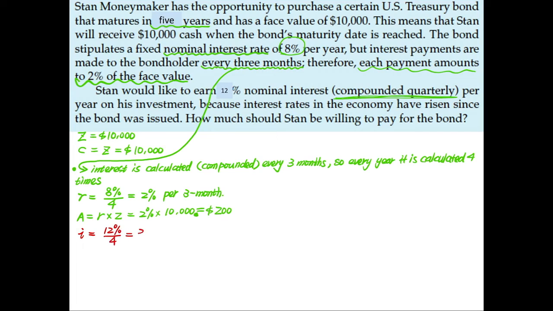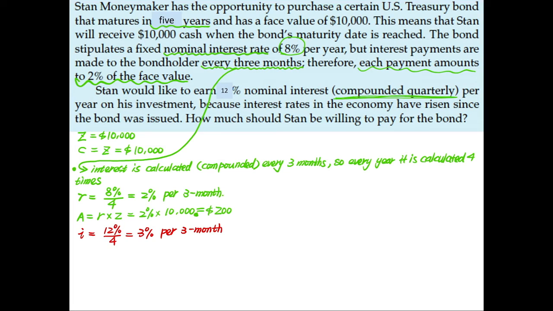So it's going to be 3% per 3 months. So the I is going to be your yield rate, the interest rate you want at the bottom line.